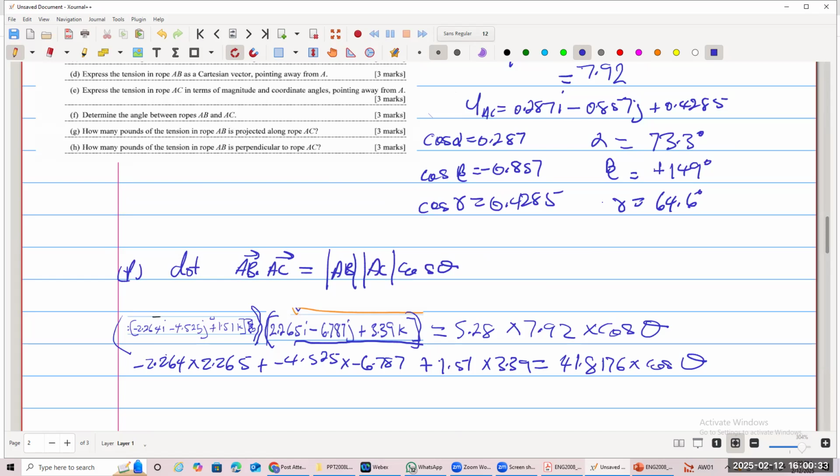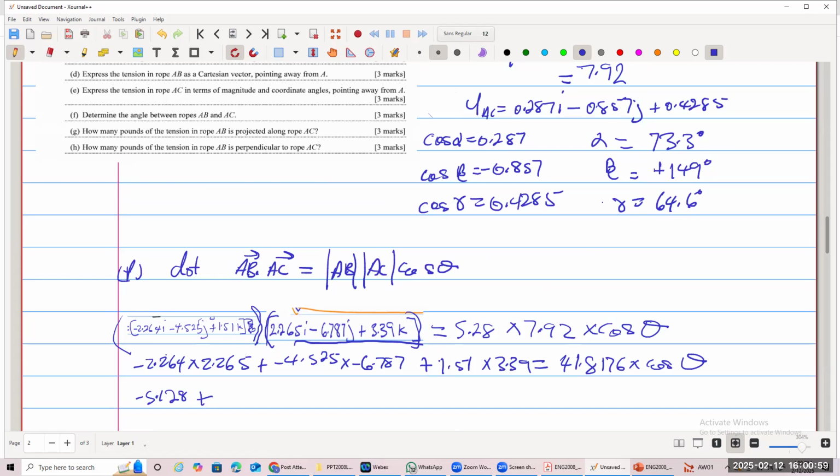So when you work these out, what do you get? It is minus 2.264 times 2.265. You get a minus quantity, which gives you minus 5.128, plus, what's the middle one now?